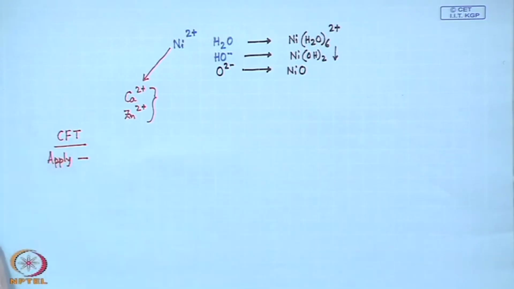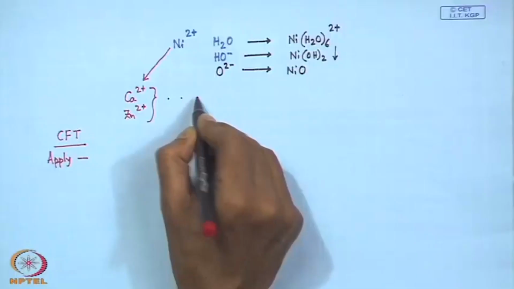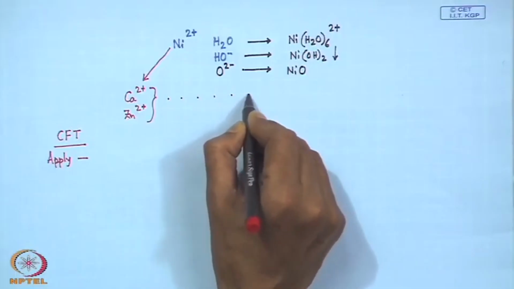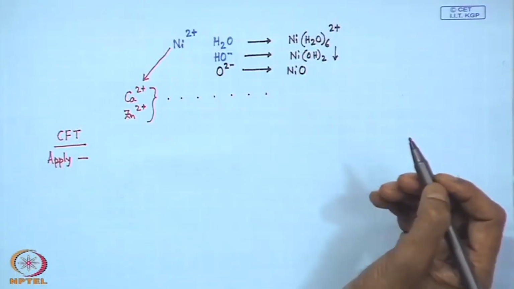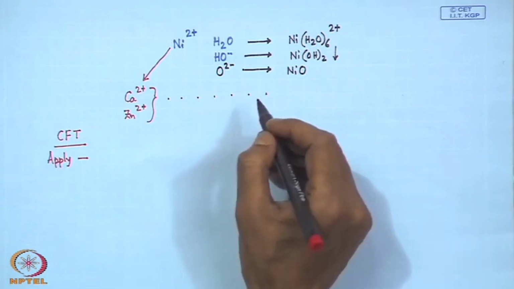So we will see how we can apply this crystal field theory for certain basic energetics of the system and the thermodynamics, how we can control with respect to this crystal field theory, because after calcium we know that we can start the entire first transition series elements from scandium, titanium and all these.